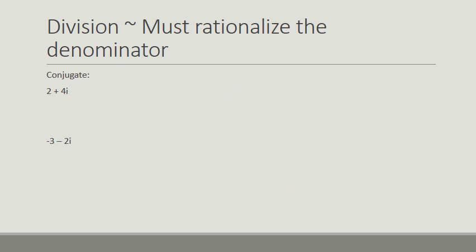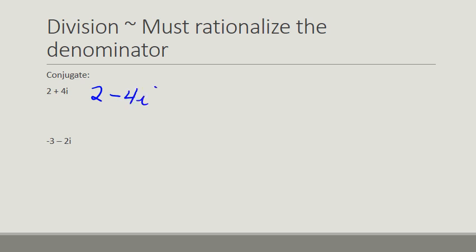For division, you must rationalize the denominator. What that means is I can't have an i in the denominator. If we have a binomial, we use this thing called the conjugate. What the conjugate does is, when we multiply it with the original number, it will get rid of the i's. So 2 plus 4i, the conjugate, is 2 minus 4i.